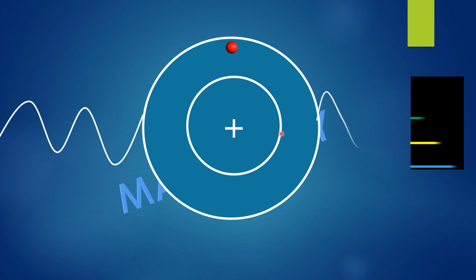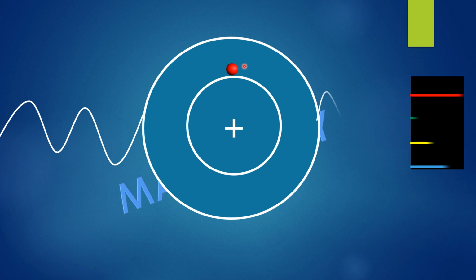How is the energy emitted? When an electron moves from the ground state to the excited state. Why is it moving? When a sufficient amount of energy is given, maybe a photon or some other energy, this energy is absorbed by the electron and it jumps to the excited state. But in the excited state, the electron cannot stay for a longer time. Its time period is in nanoseconds only.